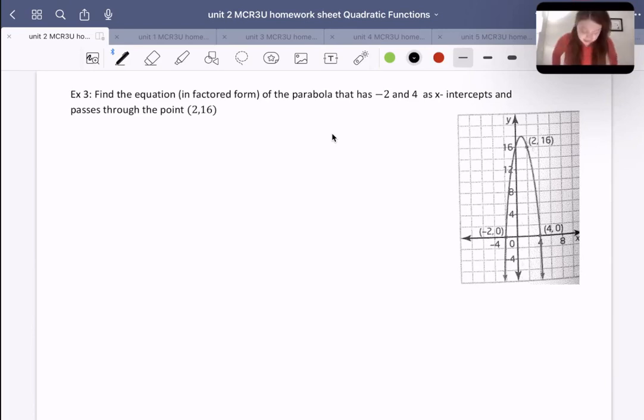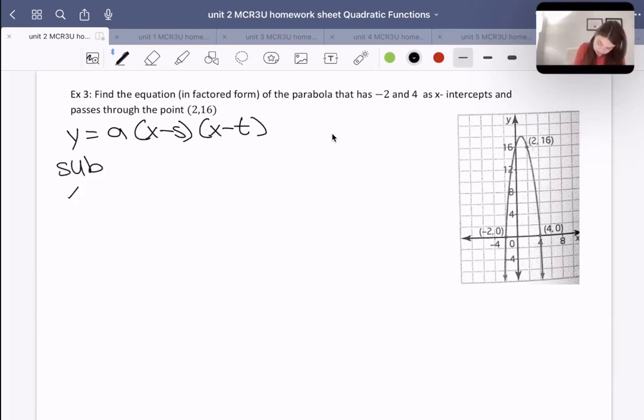Let's figure that out. So we know that all factored form equations have this form: y equals a times x minus s times x minus t, where x and y is any point on the parabola, and s and t are the zeros. So I'm going to sub x equals 2, y equals 16, and I'm getting that from this point here, is how I got those numbers.